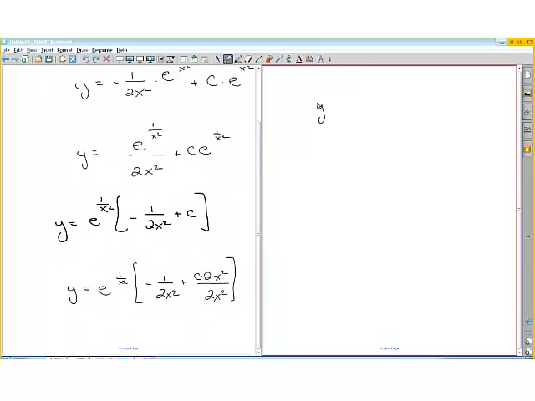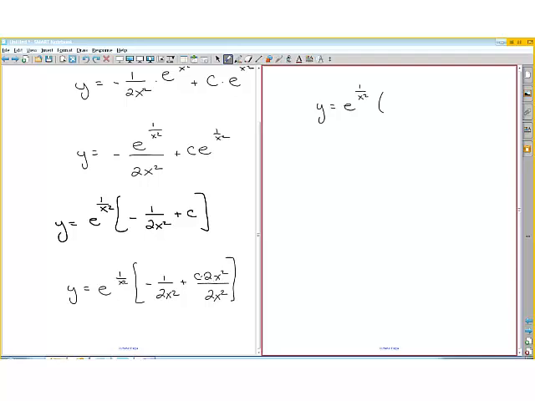So I get y is equal to e to the 1 over x squared. Just checking something out here. Okay, that's what they did. And I'll get 2x squared c, but the 2 times c is just another arbitrary constant.